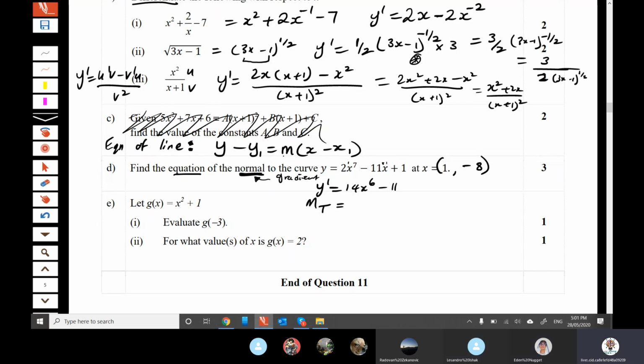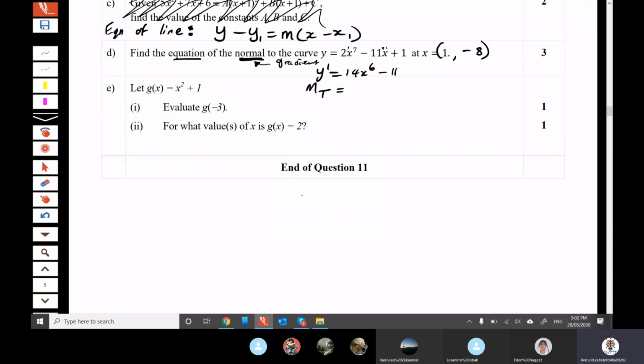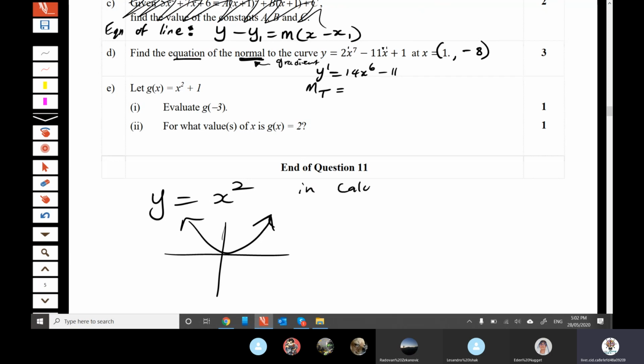So let's get something clear then. You're going to have a curve. Let's really understand this, and query now before it's too late. So ask me questions now. You've got a function, y equals x squared, right? Now, what you've just learned is that in calculus you are allowed to differentiate.